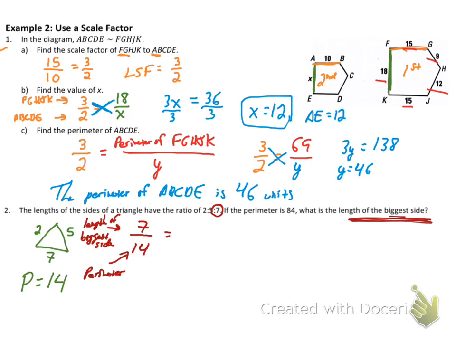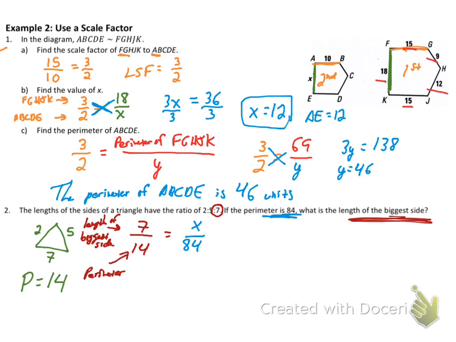So if I know my actual triangle has a perimeter of 84, I can put that on the bottom so that it matches those corresponding parts. The perimeter is on the bottom and the length of the biggest side is on top. Since that's what I'm trying to solve for, I'm going to call that x.